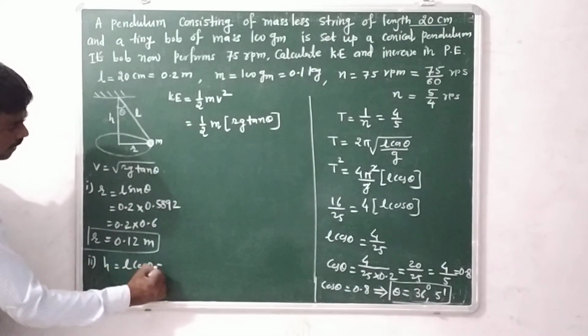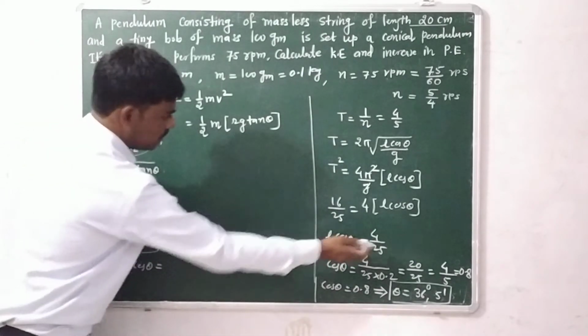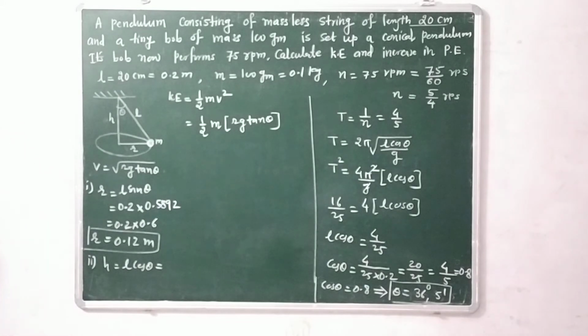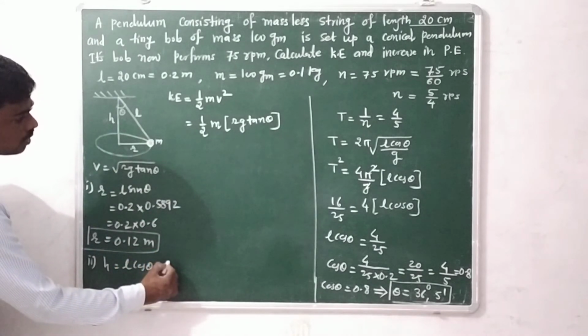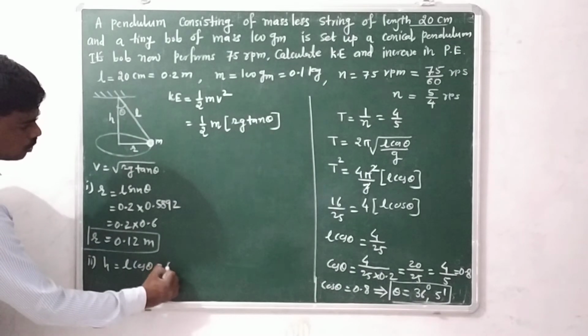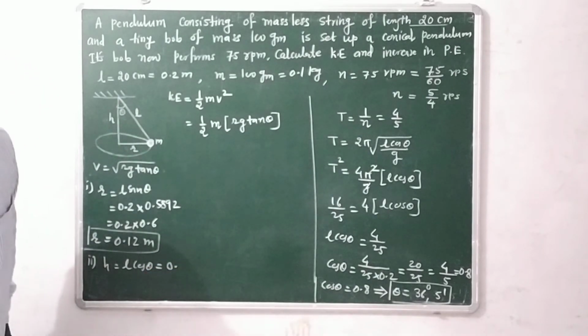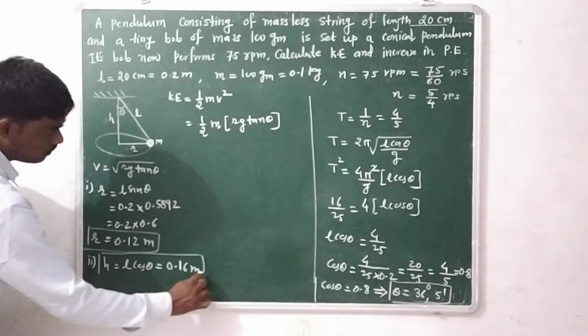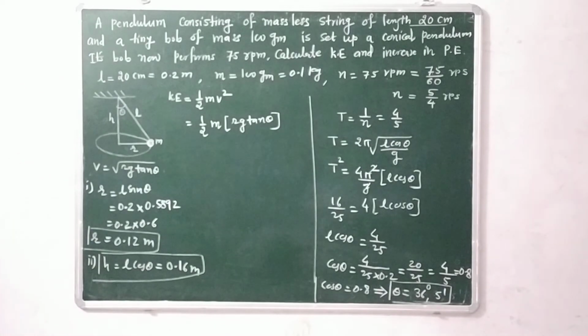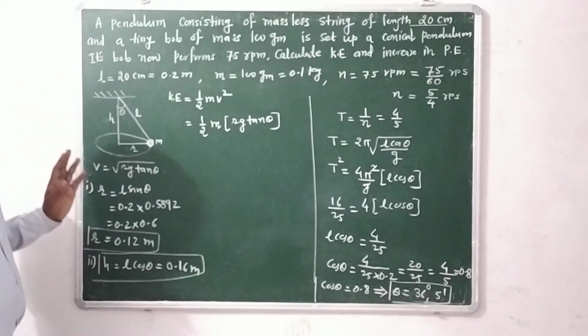L is 0.2, and cos theta, this value we have obtained, is 4 by 25. So it is 0.16 meter. So R and H we have found out.